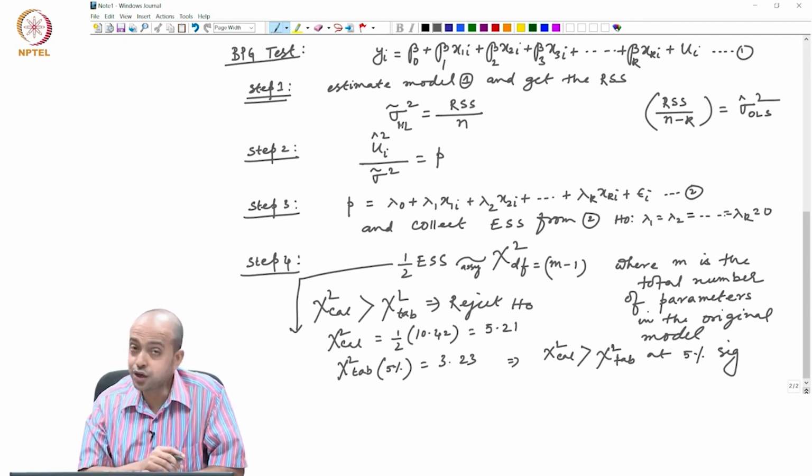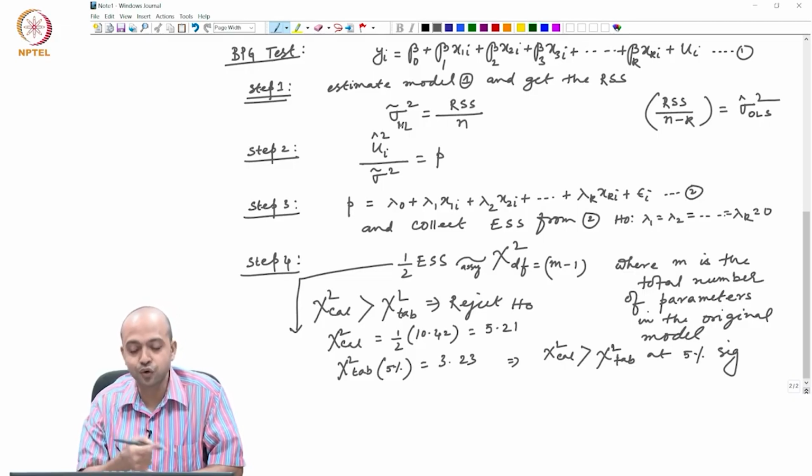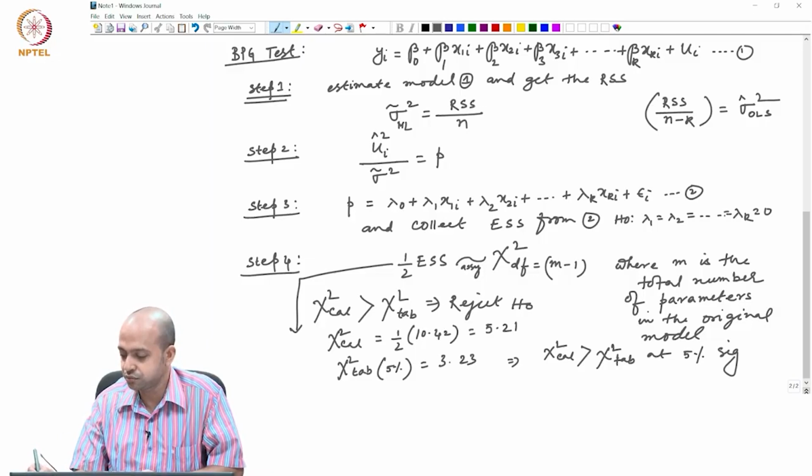These 30 observations may not actually define a large sample. So, that is limitation number 1: half of ESS asymptotically follows chi-square distribution. That means this particular test statistic you can derive only when your sample size is large.